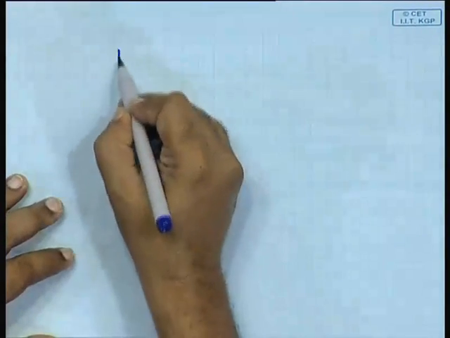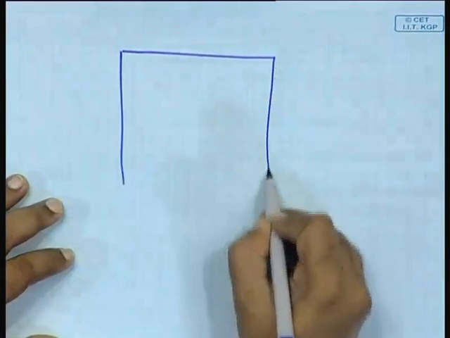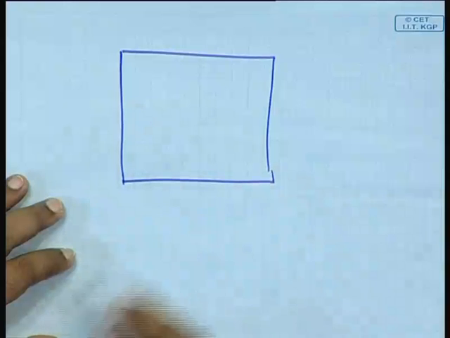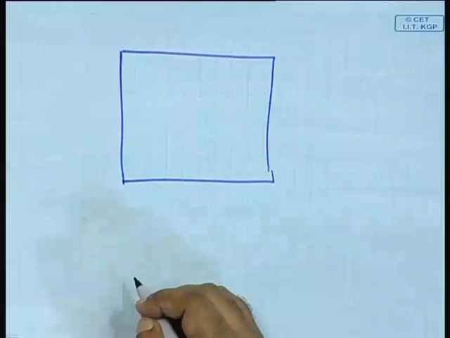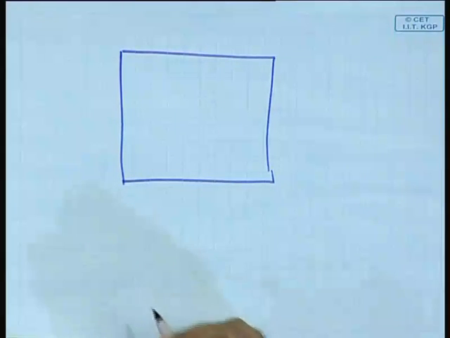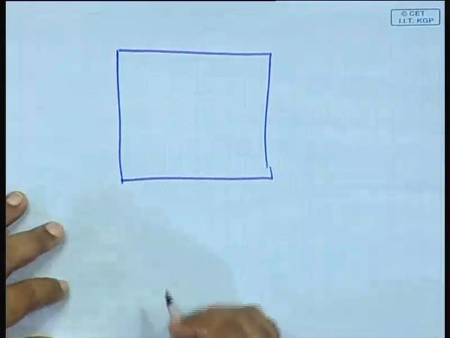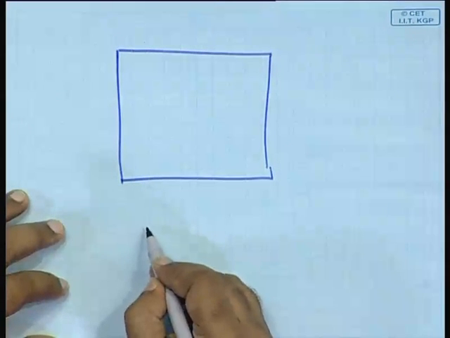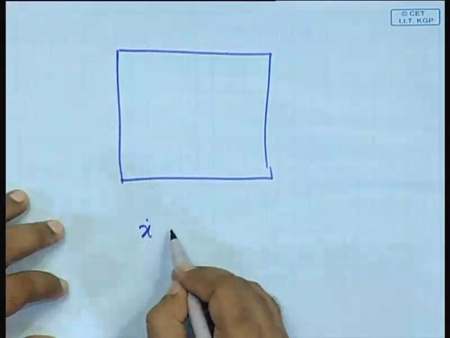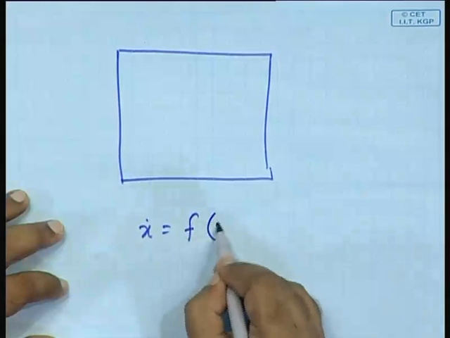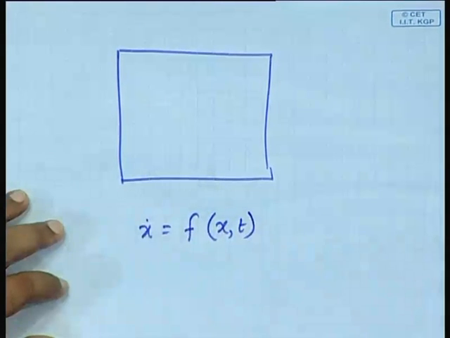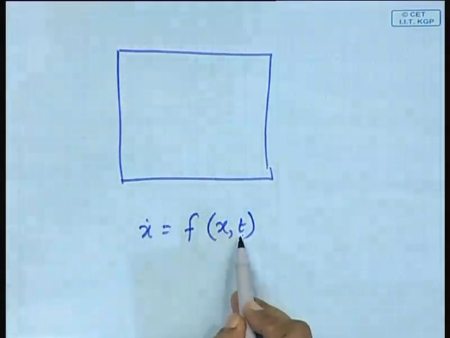Why? Because normally you have the state space like this, and imagine a system with x dot is equal to f of x and t. This t comes because of the external forcing.